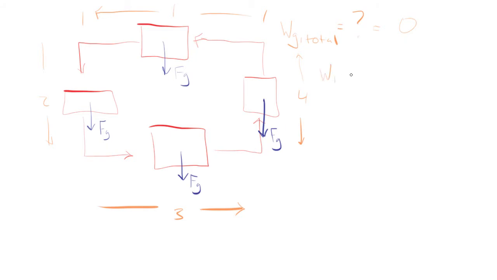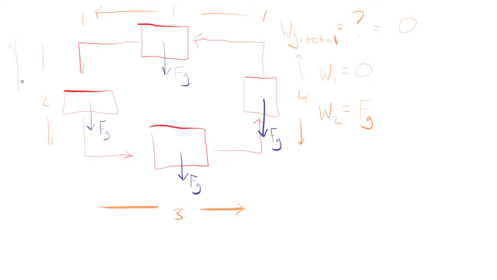So let's do that. Work over path 1, force due to gravity times the displacement. The force is perpendicular to the displacement, so the work is 0. All right, just like in the example we just did. Over path 2 here, force and displacement are in the same direction. So we get Fg times the displacement. We'll just call each side of this box d.